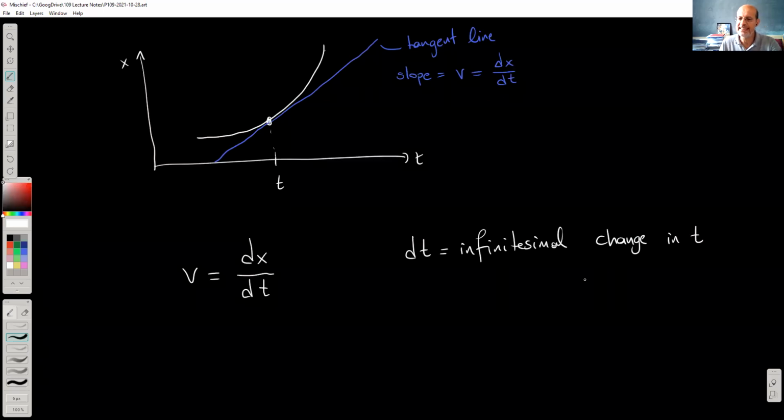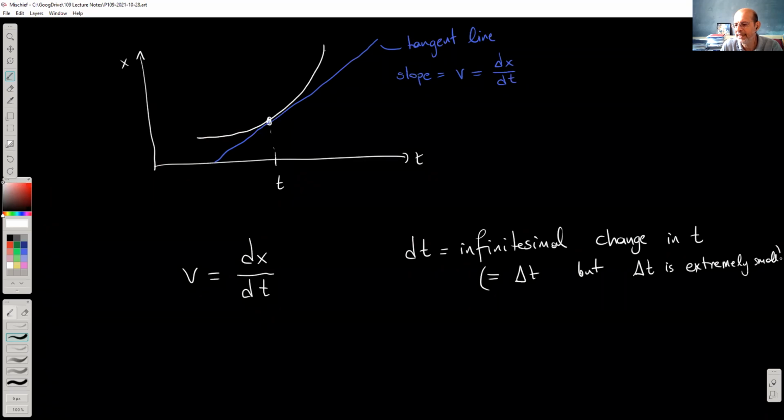So it's essentially delta t, but let me write it down like that. That's the same thing as delta t, but delta t is extremely small.